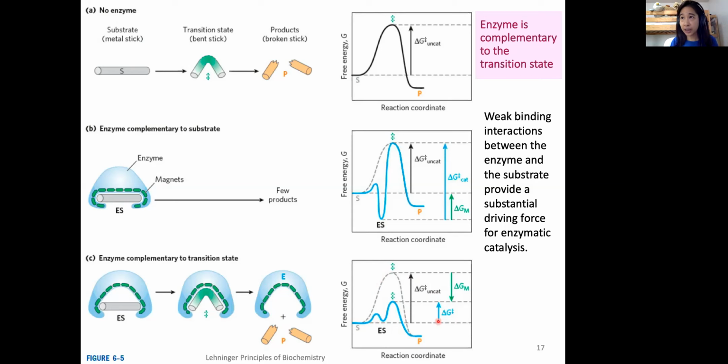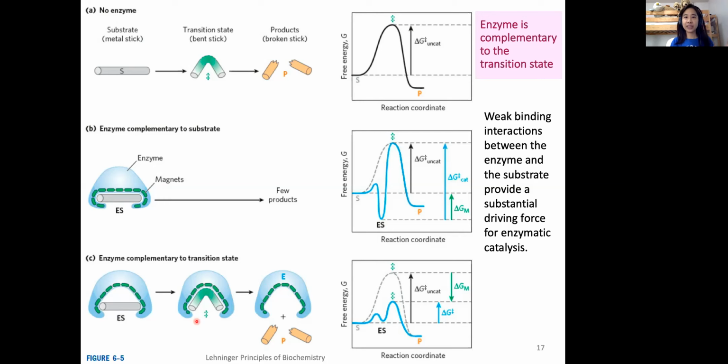Let's take a look at this arrow. You have lower activation energy compared to the non-catalyzed reaction. So the reaction will proceed more easily. Alright, so the bottom line is the enzyme needs to complement the transition state, but not the substrate.